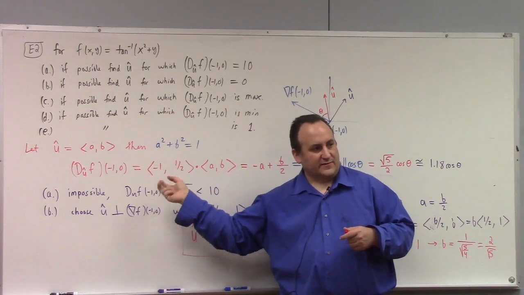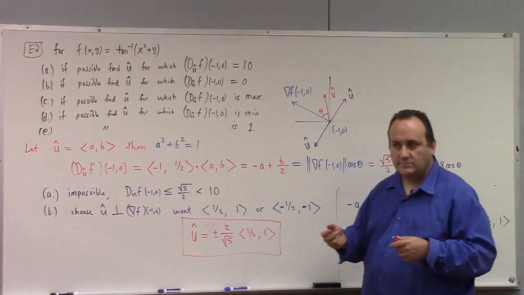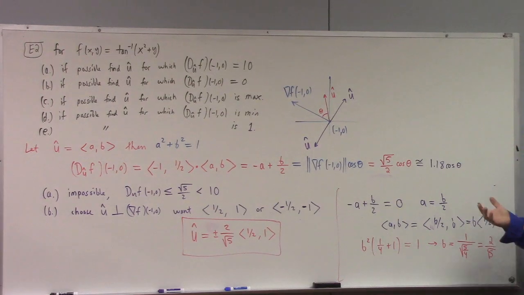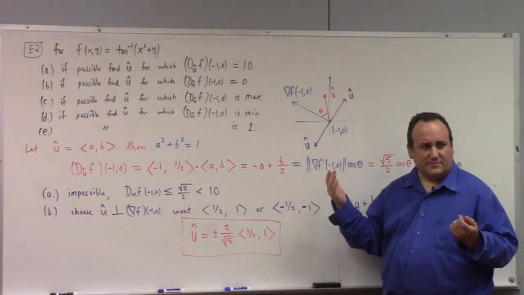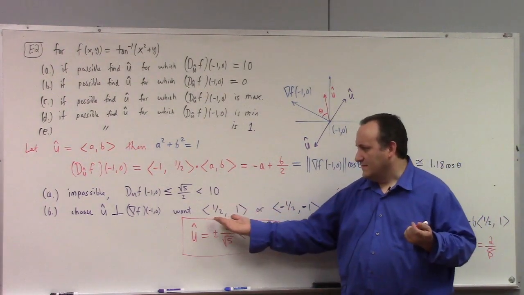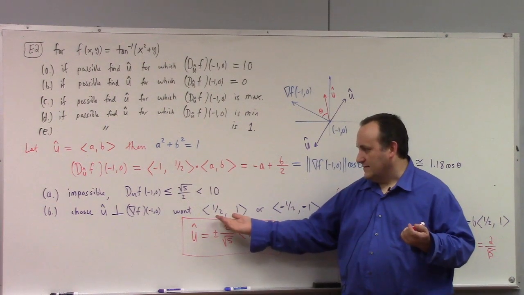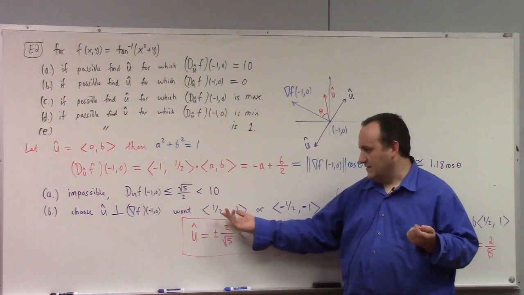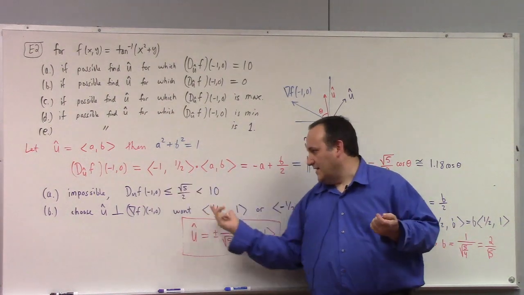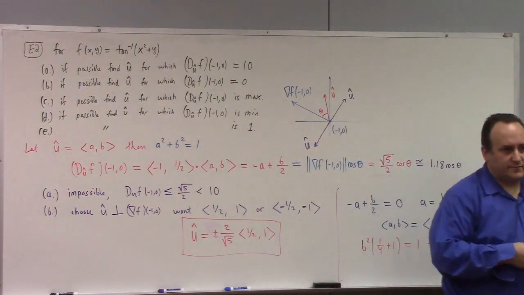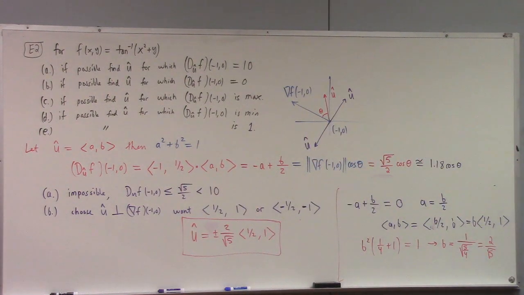I didn't follow my own instructions in the first thing I wrote down. Now listen, check your answer. If you think this is perpendicular to the gradient vector, take the dot product with the gradient vector and make sure you're right. This dot that is -1/2 plus 1/2, which is 0, so we're good. Any questions so far?